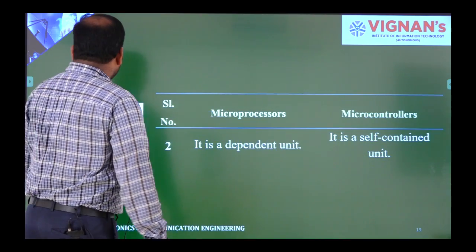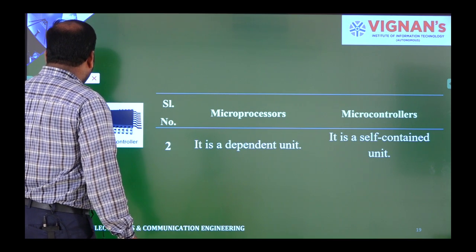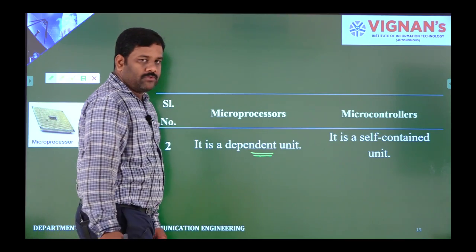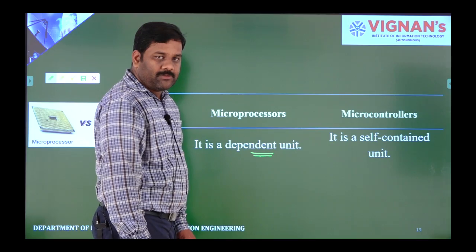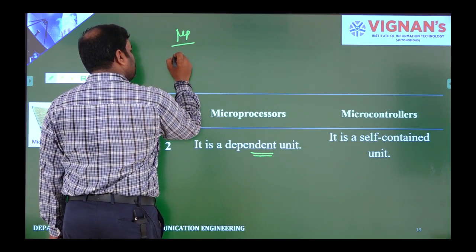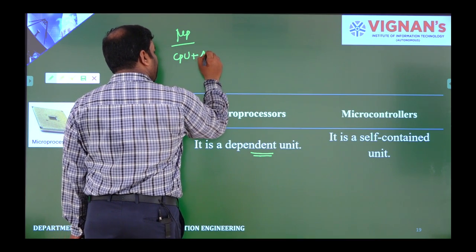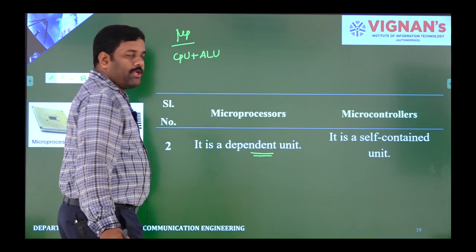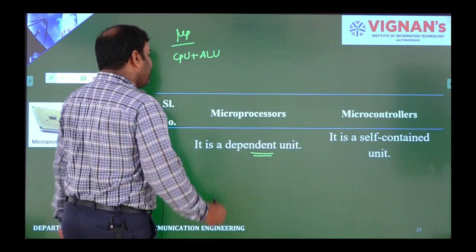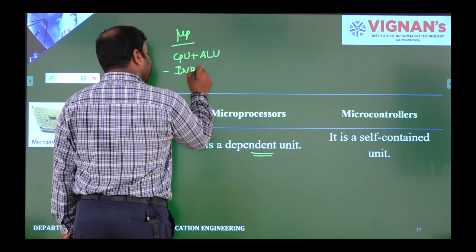Let us have the second difference. A microprocessor is a dependent unit. Yes, of course. Does anyone know how that is possible? Because in a microprocessor we have one processor consisting of a CPU to perform the arithmetical and logical operations only. Whenever it needs an input, it needs an input device.